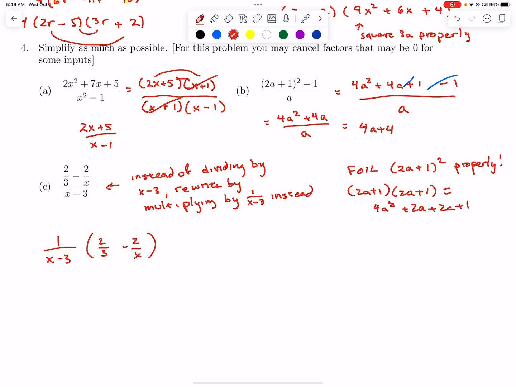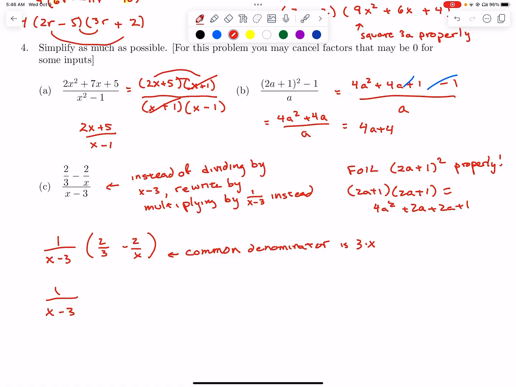Now what? Now I'm going to simplify, well, I'm going to combine the stuff on the inside. What is the common denominator? Don't look at the x minus 3, but the common denominator for the stuff we're trying to combine is 3 and x, so 3 times x, 3x. So don't forget to write the 1 over x minus 3 down.